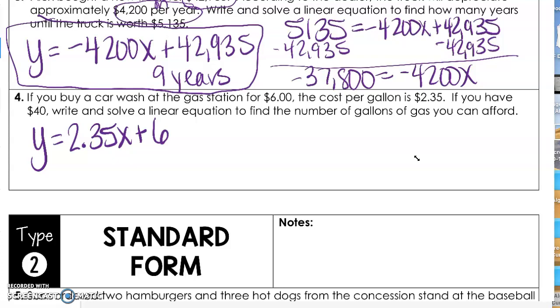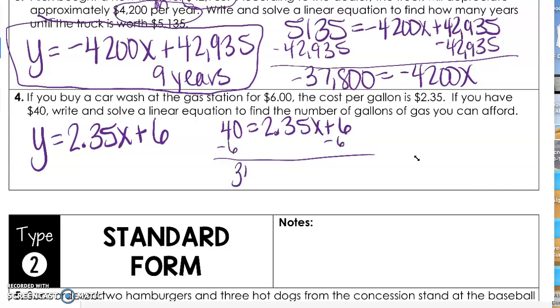So we have $40, so 40 equals 2.35x plus 6. Again, some of you do not need to write that out. You know just, oh, I need to subtract 6 to figure out I have $34 left, and then divide to figure out my total. You are more than welcome to do that without writing all of the steps out.